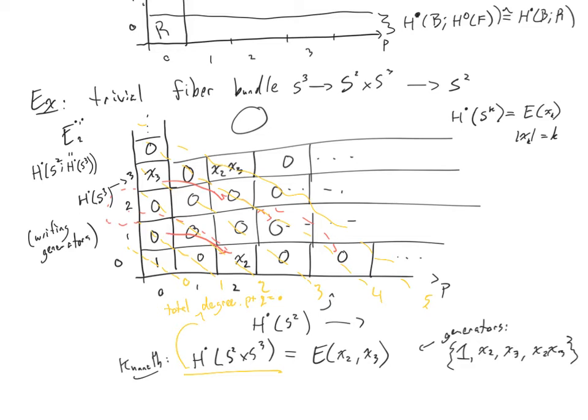And if you check, in fact, this guy lives in total degree, let's just say, the degree of 1 is 0, the degree of x_2 is 2, the degree of x_3 is 3, and the degree of x_2 x_3 is 5. And that's exactly where they live. So x_2 x_3 is the only thing living in degree 5. x_3 is in degree 3, x_2 is in degree 2, and 1 is in degree 0. Here's a warning.